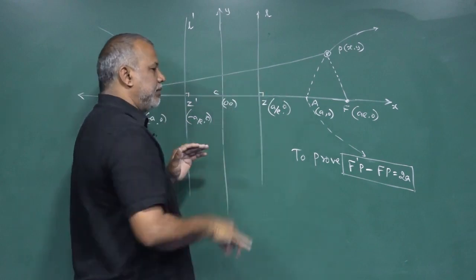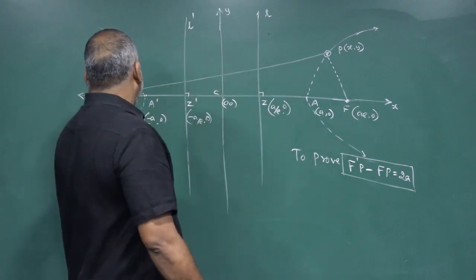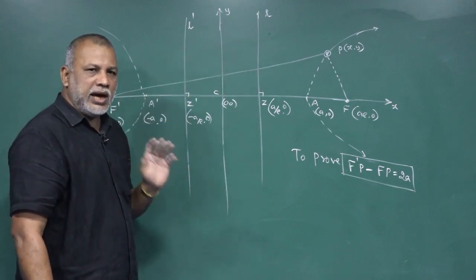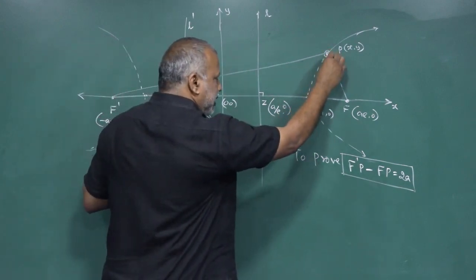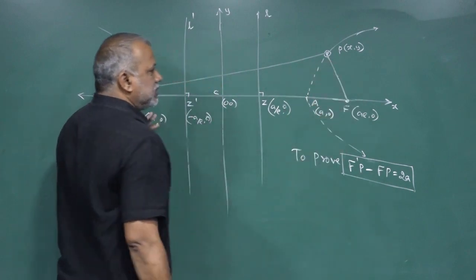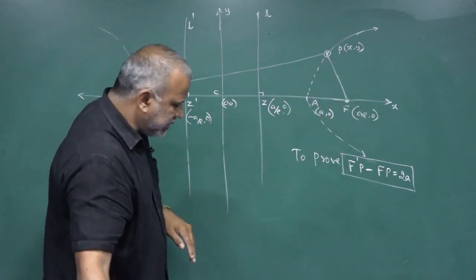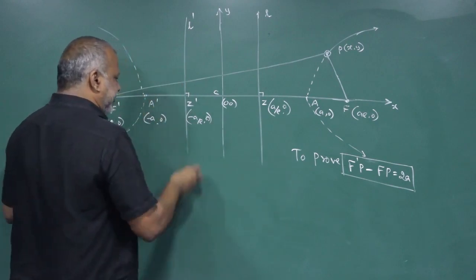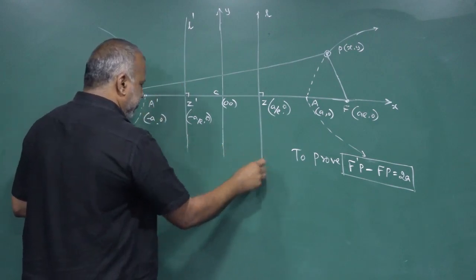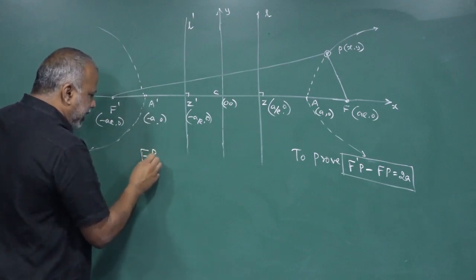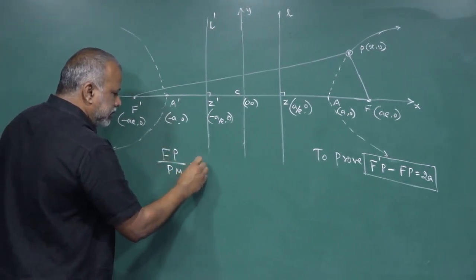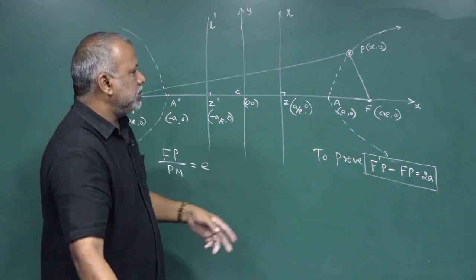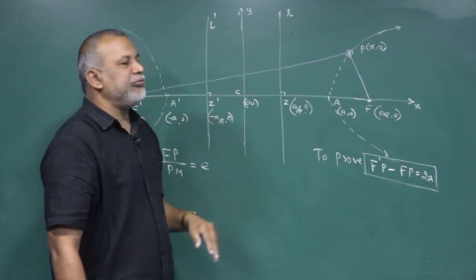Now from this diagram, F dash is one of the foci, P is any point on the hyperbola, and FP is also one of the distances. By the basic definition of the conic, read this concept clearly, we know FP divided by PM equals e. What is the meaning of PM?